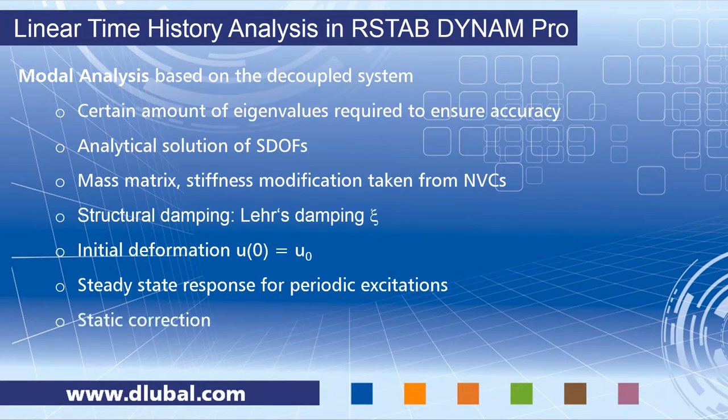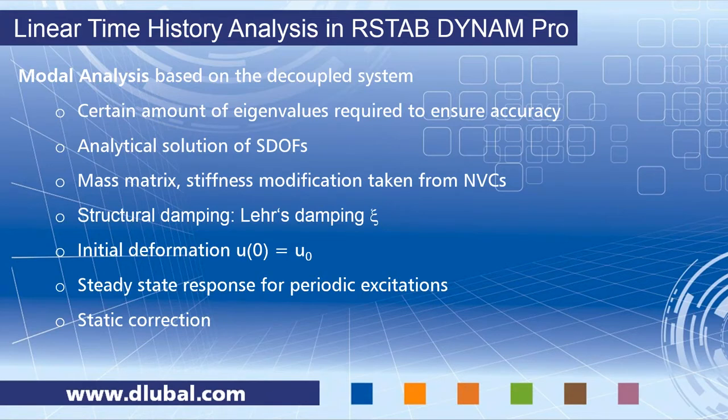And the modal analysis offers a static correction. This means in case there are any missing masses due to not calculated eigenvalues, Dynam Pro is able to add those in a pseudostatic way. So this is recommended for structures with high frequencies beyond the rigid frequencies.